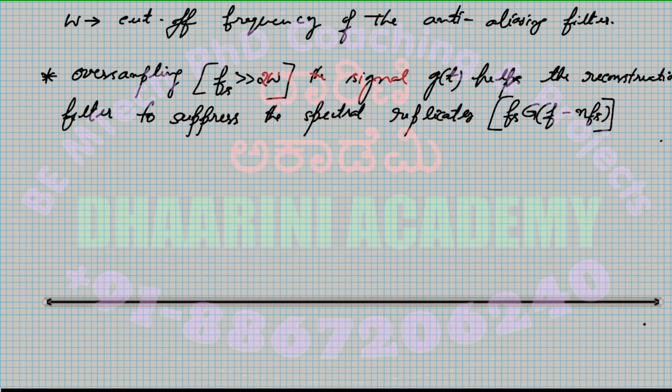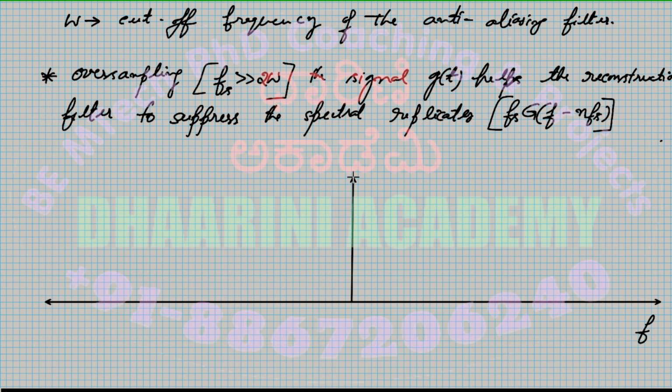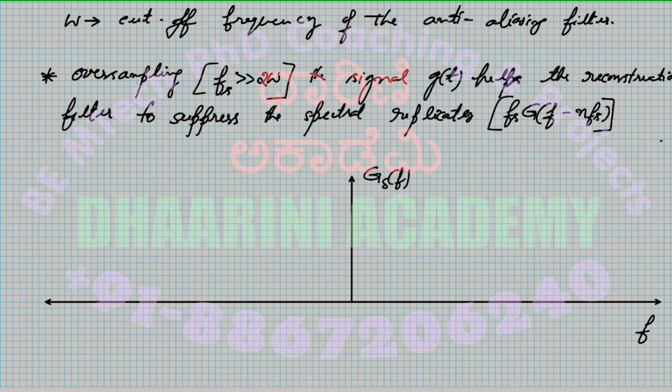So this is the f axis. Maybe somewhere in the center I have this, G delta of f, the sampled signal's spectrum.